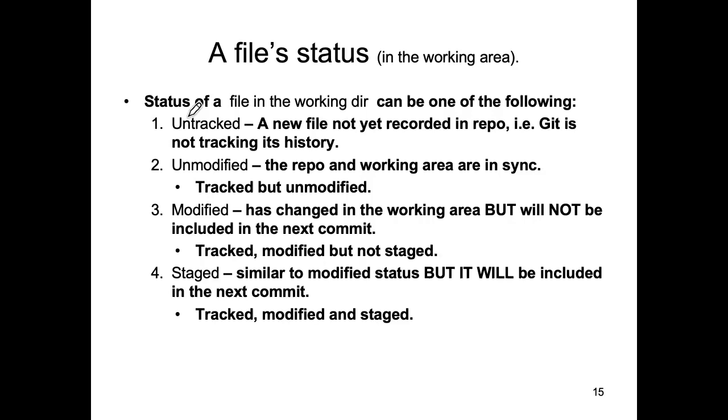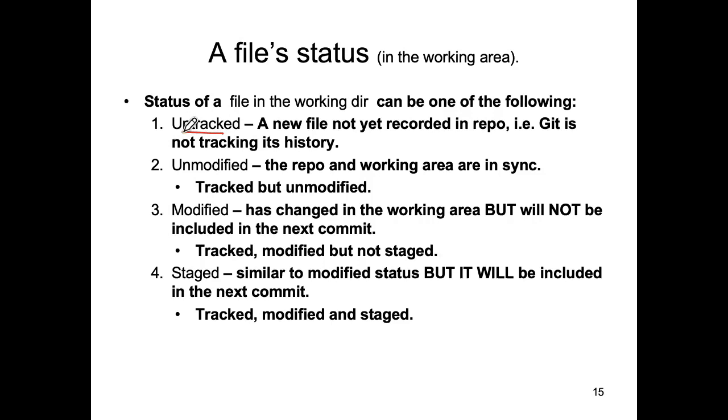Let's suppose I then add a new file to my working area. From Git's perspective, that file is categorized as untracked, which means it has no knowledge of that file so far. There is no copy or version of that file in the repository. So the term we use is that the file is untracked.